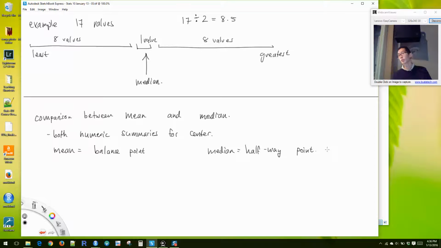But they both give you an idea of where the center, or your typical values in your data, are. The mean is affected by extreme points. The median is not.